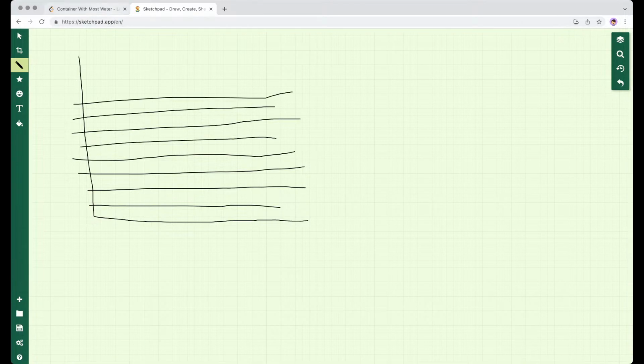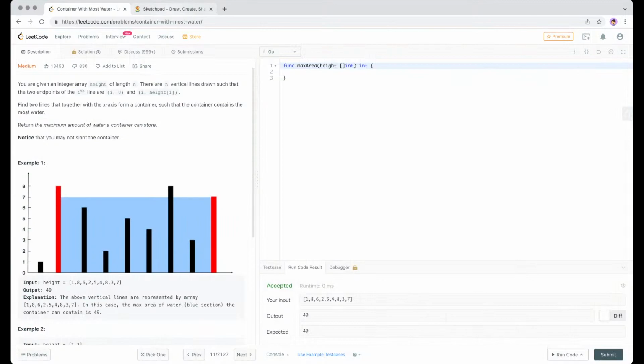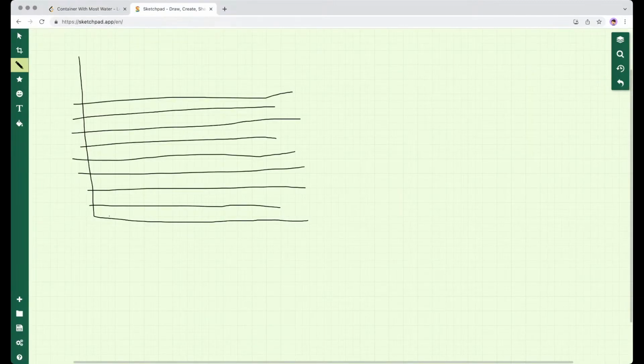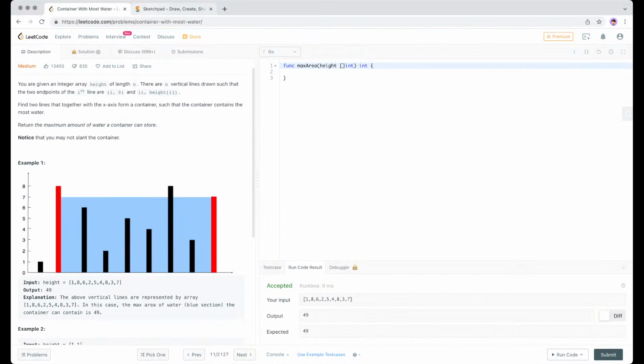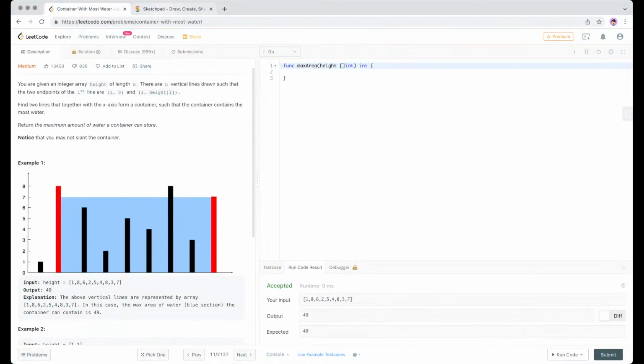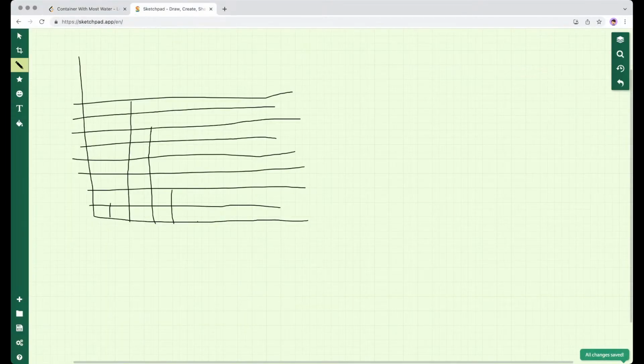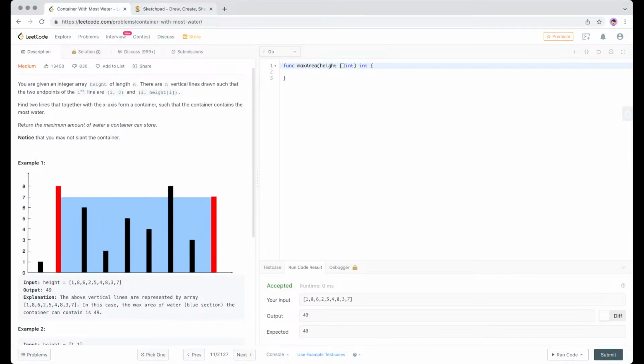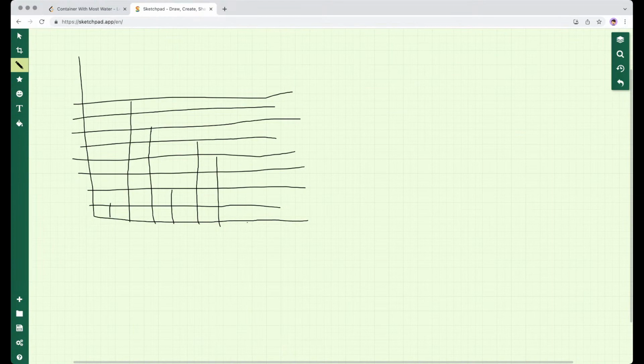Then the first one is 1, 8, then 6, 2, 5, 4, 1, 2, 3, 4, 5, 5, 4, 8, 3, 7. Something like this. Okay, just extending the line here.